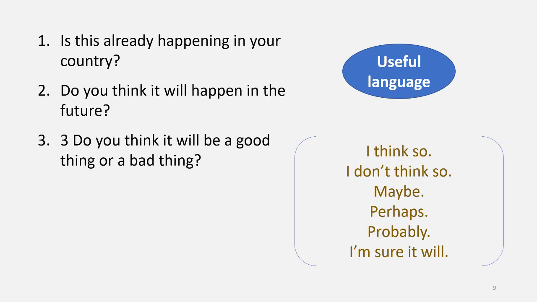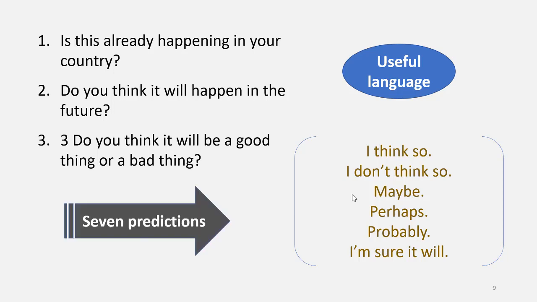And question number 3: do you think it will be a good thing or a bad thing? You need to use these useful phrases to answer: I think so. I don't think so. Maybe, perhaps, probably. I'm sure it will. Okay. So now we need to touch the picture to help us remember these questions and these useful phrases.